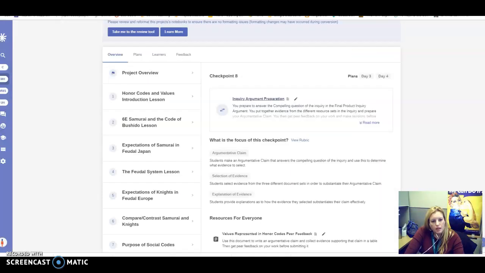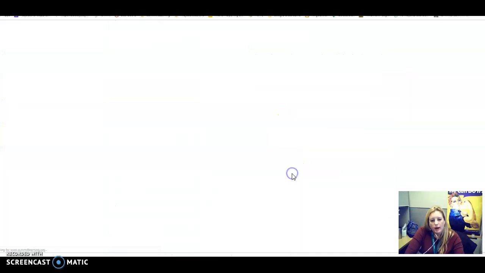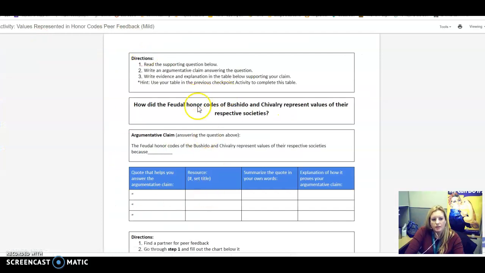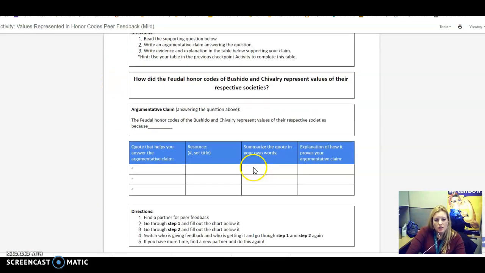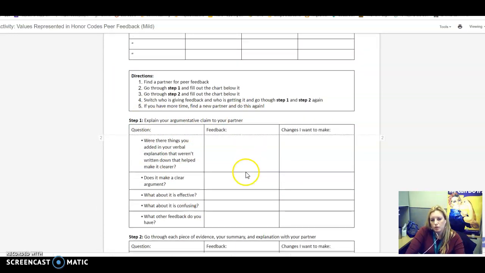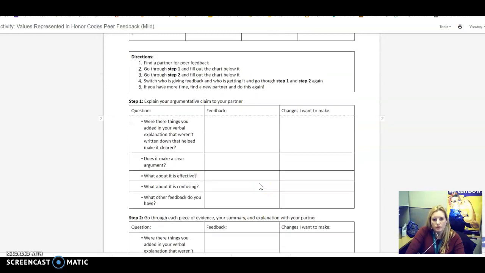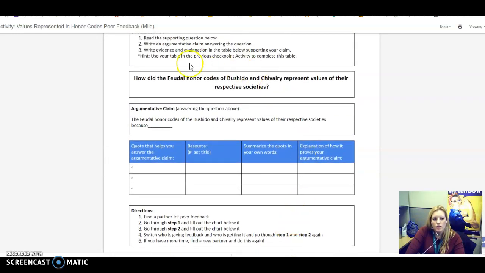I also wanted to tell you not to worry about the section that says to explain your argumentative claim to your partner. We're just going to skip that since we aren't in a regular classroom setting.